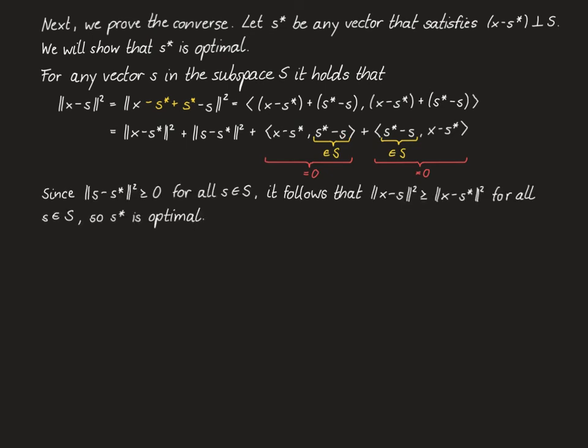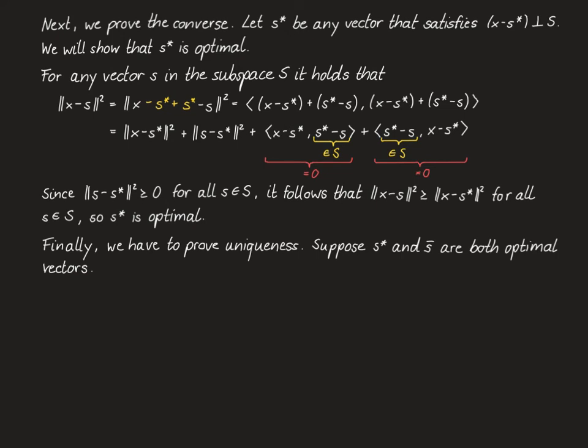Now looking at the remaining equation and noting that the squared norm of S minus S star is always non-negative for all S in S, it immediately follows that the squared norm of x minus S must be greater than or equal to the squared norm of x minus S star for all S in S, which is exactly saying that S star is optimal.